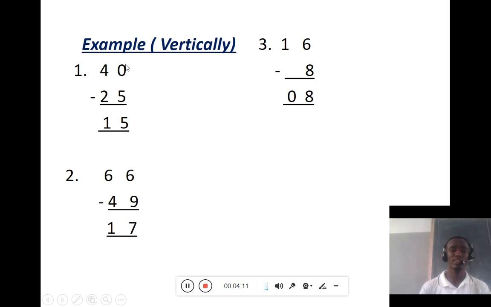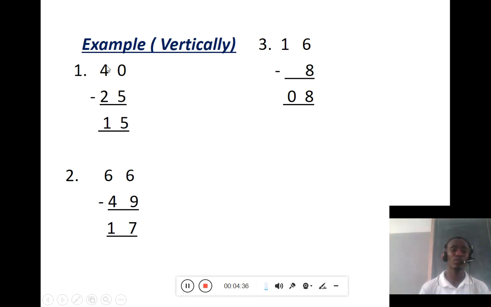When we subtract, we start with the numbers of ones. The number of ones in 40 is 0, and in 25 it is 5. So you have to take 0 minus 5. You have 0 things, you cannot subtract 5, it is impossible. So we borrow 1 from the 4, and it remains 3.